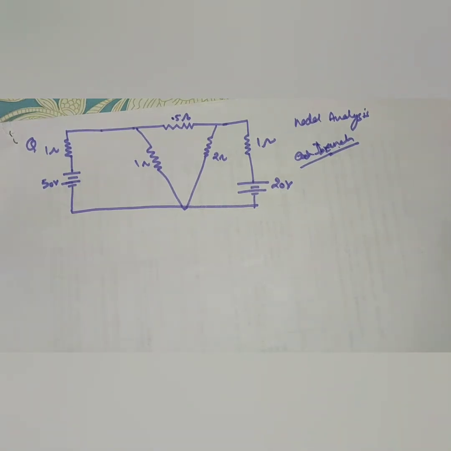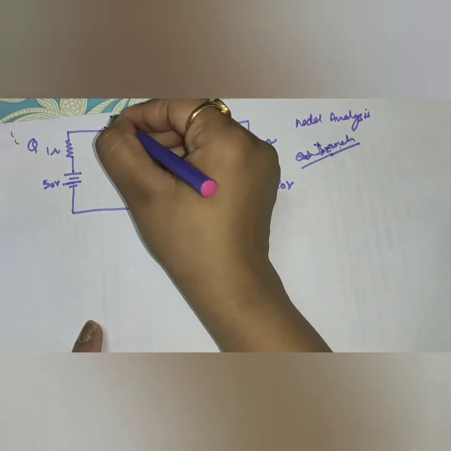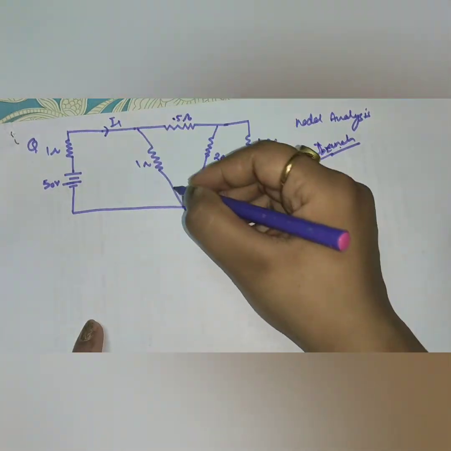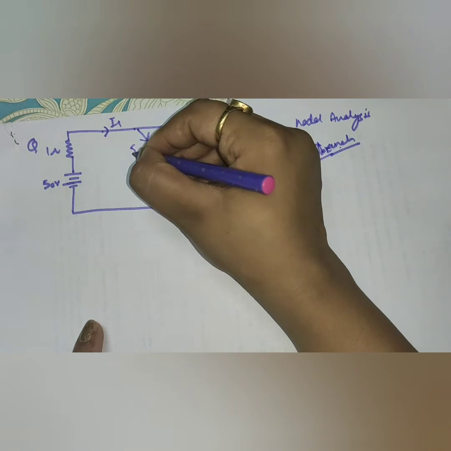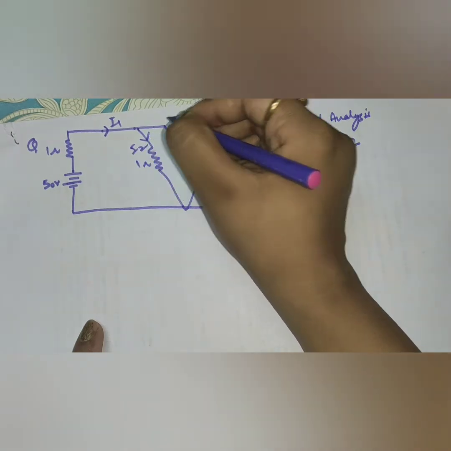So what was the first step in nodal analysis? Mark all the currents. Okay, so we are taking currents like this. That will be I1 and this will be one branch. That means it will be I2 and this will be one branch.